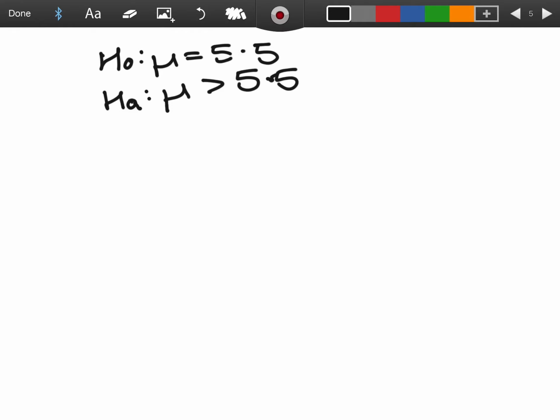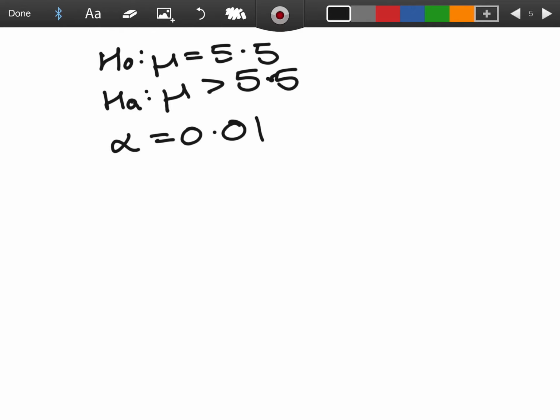Now, I'm going to do this the shorter way. Again, you can do it the way that we just did. In this case, you are dealing with a one-tailed test, and your significance level is 0.01. So what you would be doing here is, again, finding your test statistic using a t-value, where you take the sample mean minus the population mean of 5.5, divided by the sample standard deviation of 0.08 over the square root of the sample size, which was 18.